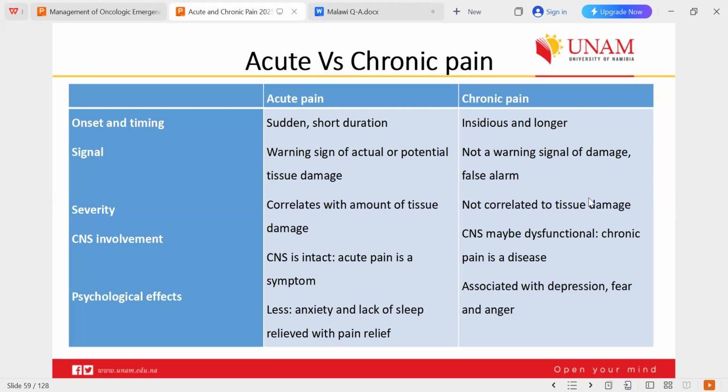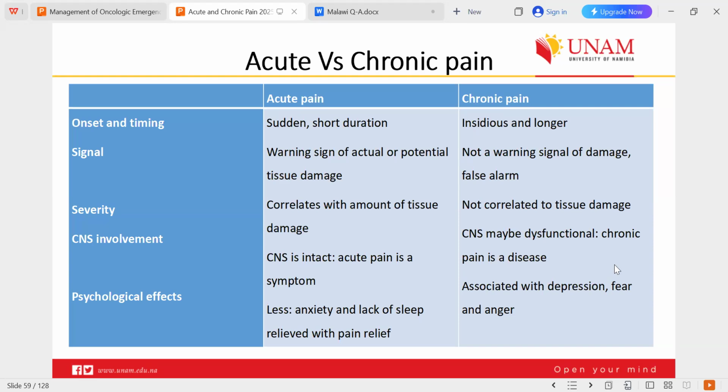The more tissue damage, or in the post-op period the more surgical tissue handling during surgery, you expect more pain. So that is acute pain. But for chronic pain, the pain is usually not related to tissue damage.